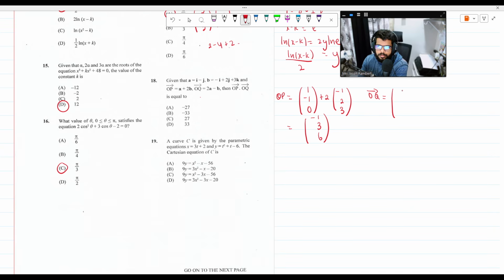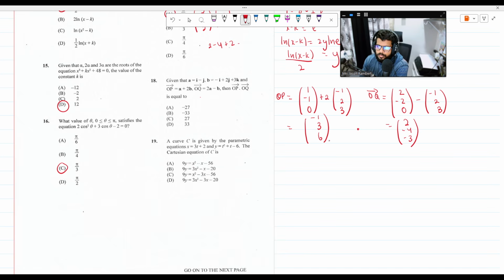And then 2A, this is OQ. 2A is going to be 2, minus 2, 0. Minus B is minus minus 1, 2, 3. 2 plus 1 is 3. Minus 2 minus 2 is minus 4. And 0 minus 3 is minus 3.